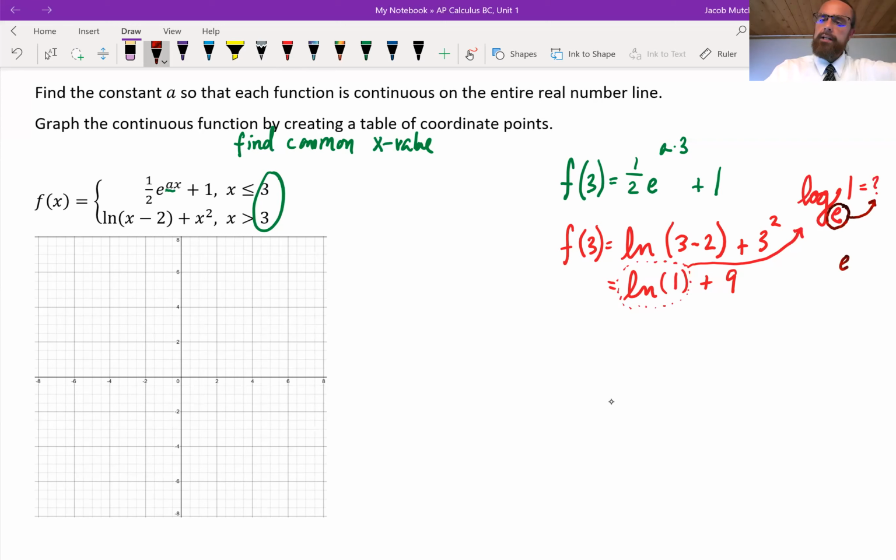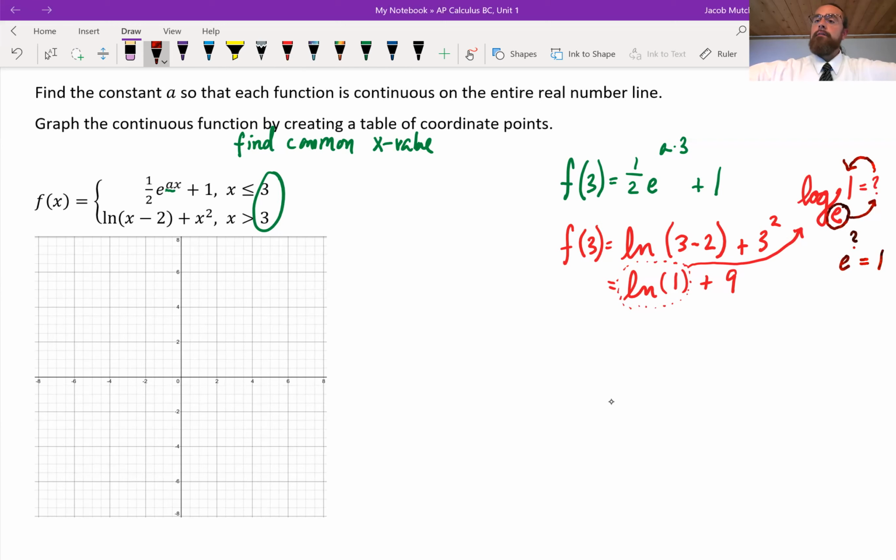So I'm going to write it here. e to some power that I don't know swings back around and equals the argument, equals 1. So really what I have to ask myself is, what should I raise base e to make it equal 1? What power makes any base equal 1?